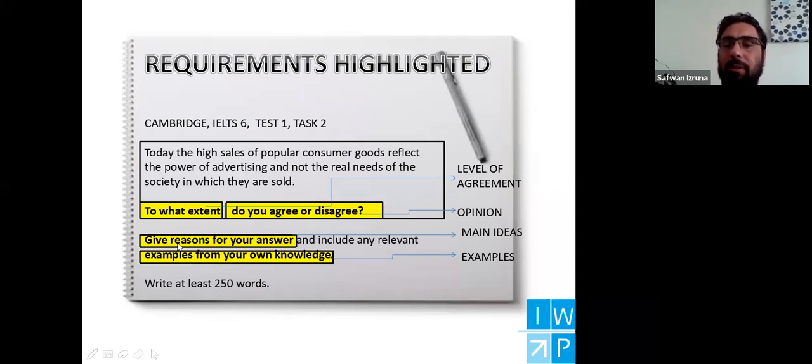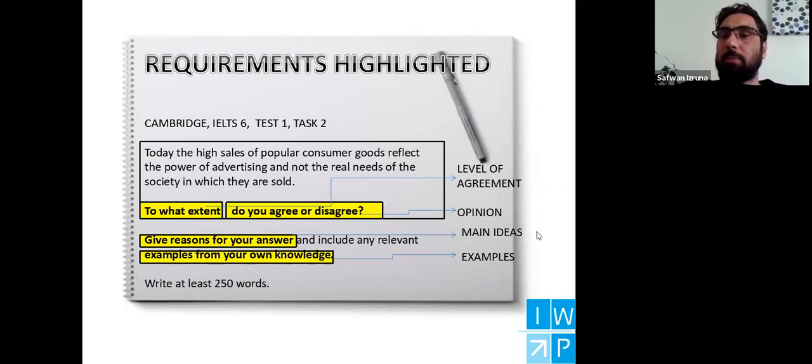Here we have give reasons. So we need reasons, main ideas. So we said they're bad for people's health. Maybe another reason is some people have allergic reactions to them. Or maybe some people do not like the smell of smoke. Then we need to give examples of the things that we are presenting.